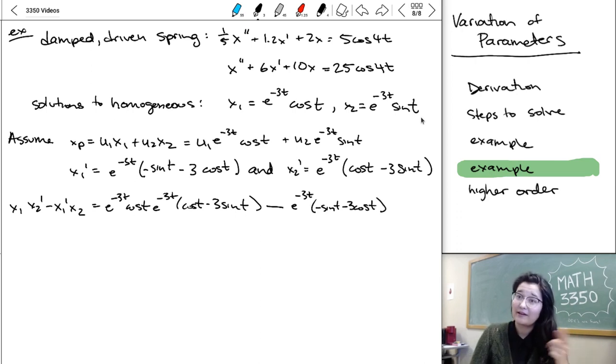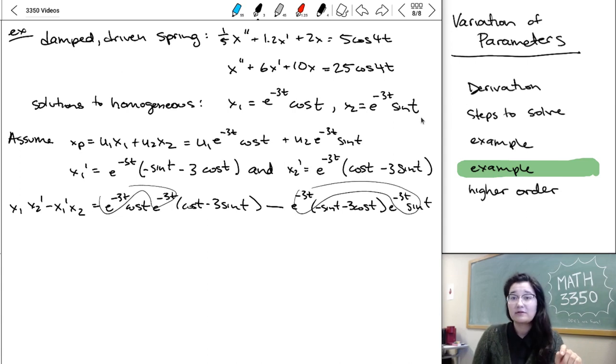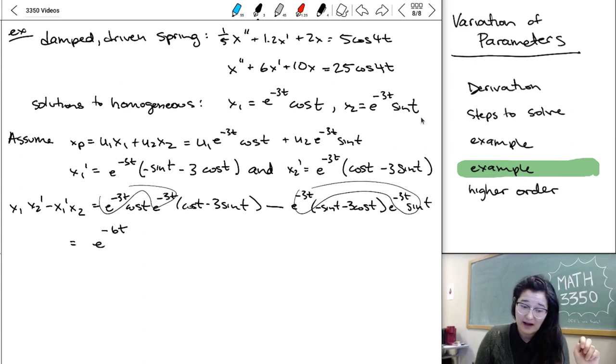I'm already thinking about how I need to remember that minus multiplying that minus. And then my x2, which is e to minus 3t sine t. It's a lot, but look how we've got this double of e to minus 3t showing up. So I know that that's going to be an e to minus 6t when I add together those exponents, and it multiplies everything in my entire problem.